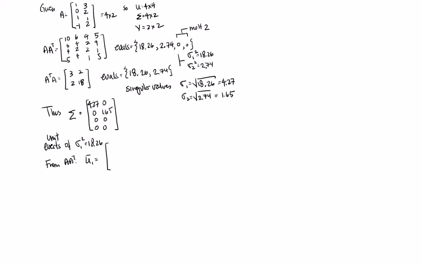This is negative 0.673. Again, I'm going to round these from the book. And from A transpose A, we get our V1. This is much nicer because it's two-dimensional.